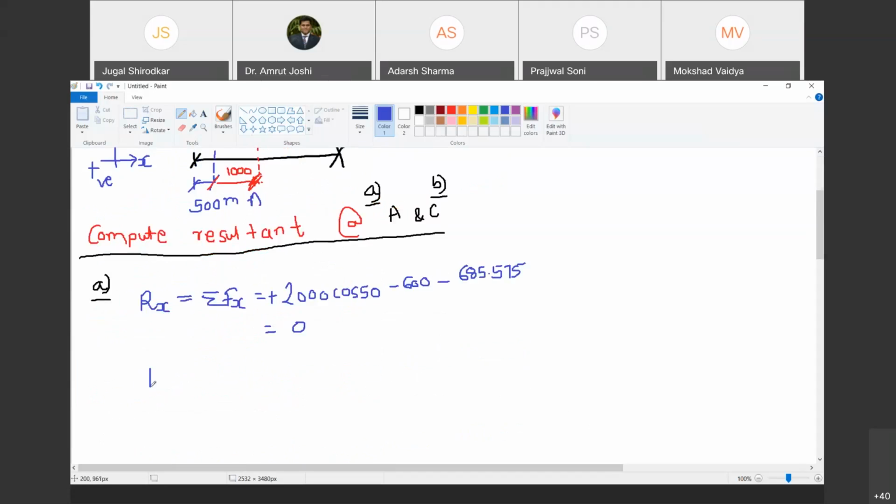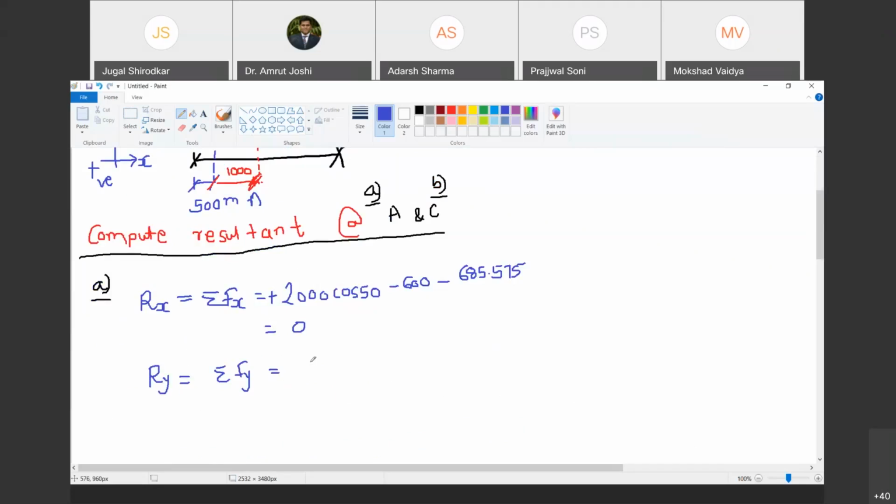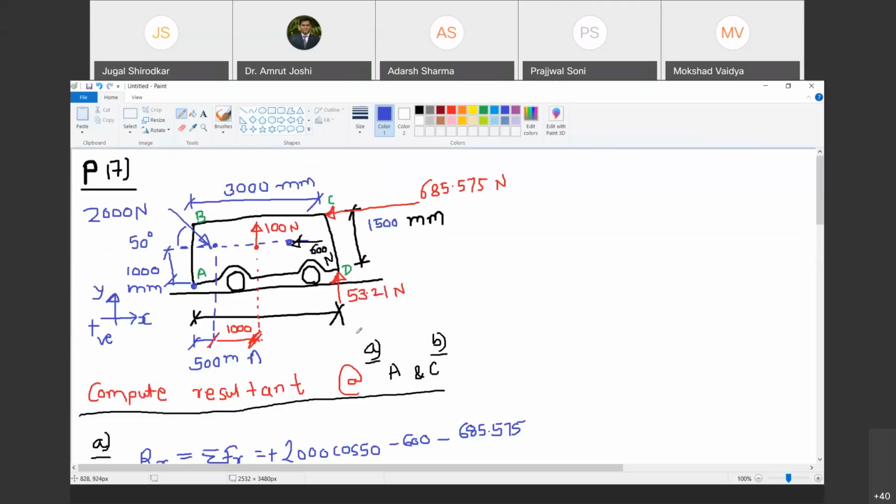Now let us find out Ry. What is Ry? Summation Fy. देखो क्या आने वाला है. So minus 2000 sin 50, plus 100. माइनस क्यों? क्योंकि ये डाउनवर्ड डायरेक्शन में जाएगा, वर्टिकल कंपोनेंट.